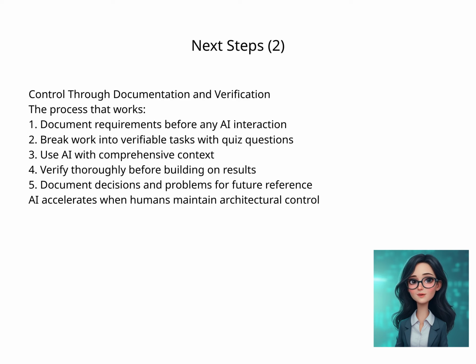And document all decisions and problems for future reference. AI accelerates development when you maintain architectural control through comprehensive documentation and verification. It's not about replacing human judgment. It's about amplifying human capability through structured preparation and continuous quality control.